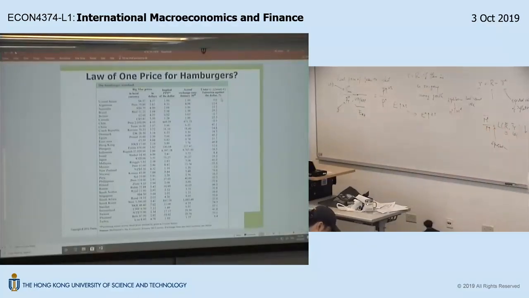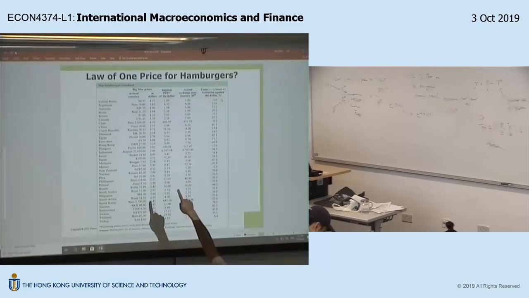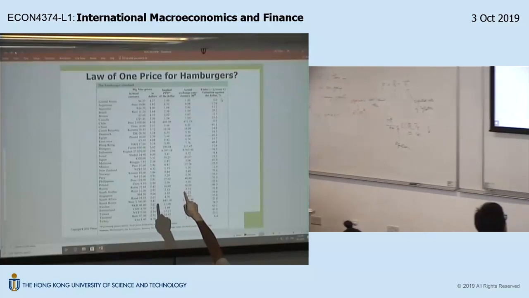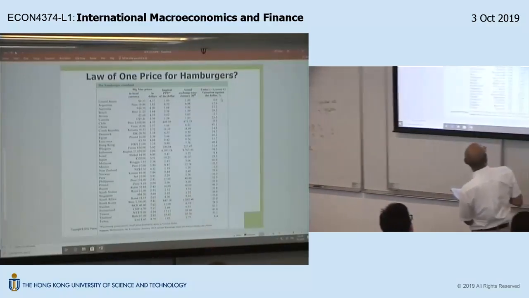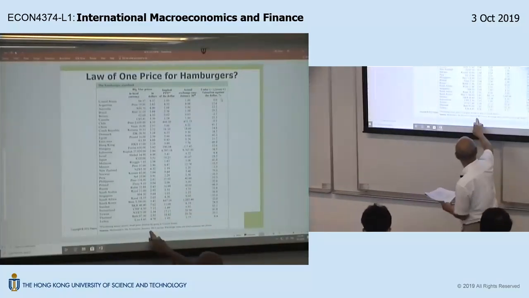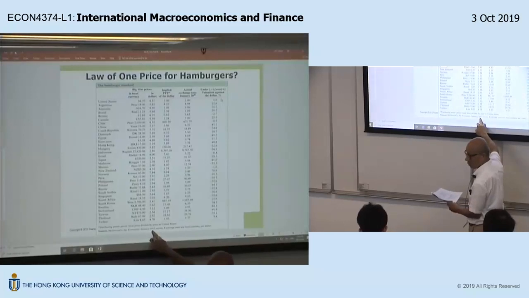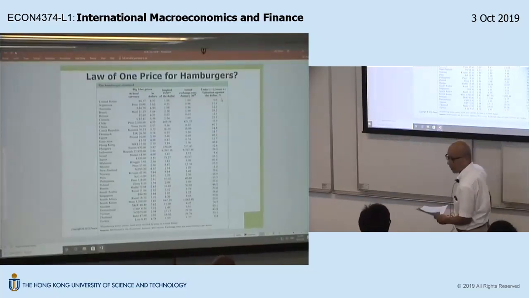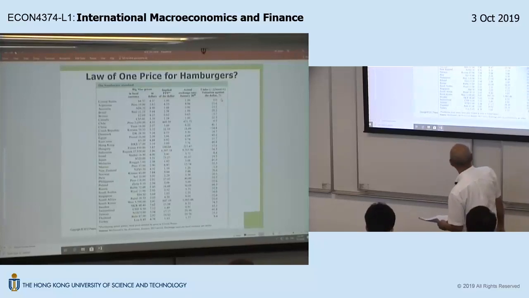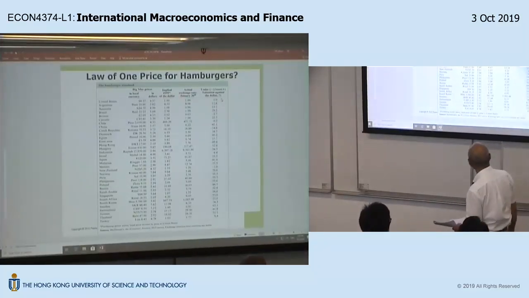So they ask, what is the price of the Big Mac in local currency? In the U.S., a Big Mac costs you $4.37. This is January 2013, which is actually quite a long time ago. It's more than 6 years, almost 7 years ago.